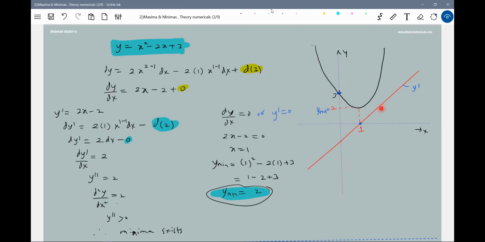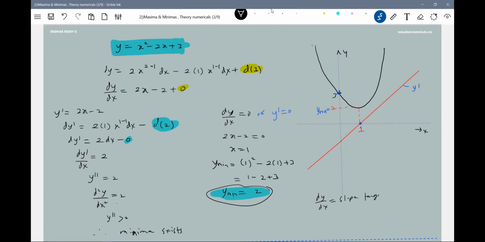Then we have brought one more curve. What is this? This is the slope. Slope of what? Slope of this curve. How will the slope of this curve vary? In this way. y dash is what? dy by dx. And dy by dx, what can you call it?